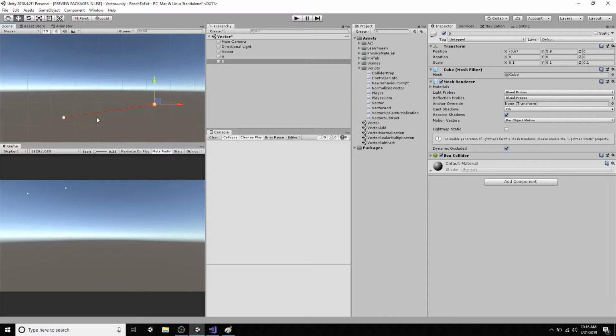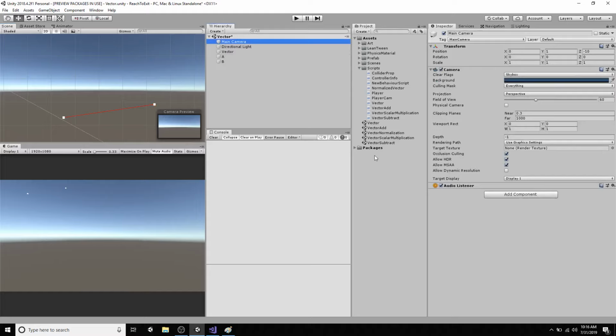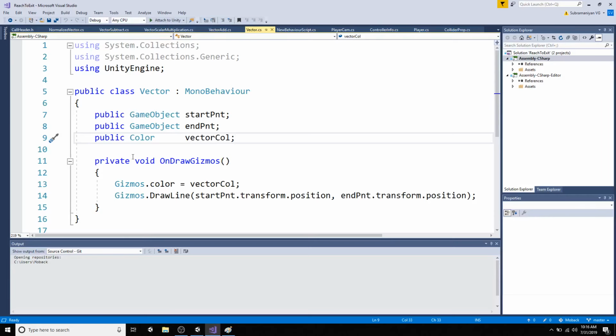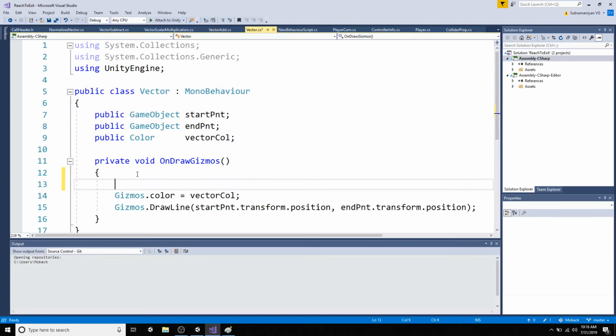So basically, I told you a vector has magnitude and direction. Apart from that it doesn't have anything. In this case, what is the direction of our vector? We can do something like Debug.Log. We can say endpoint minus start point.